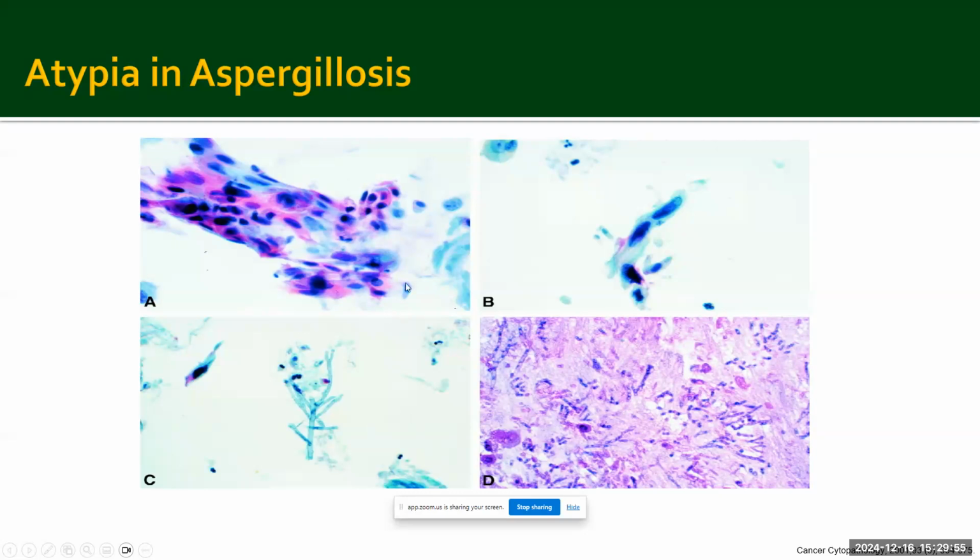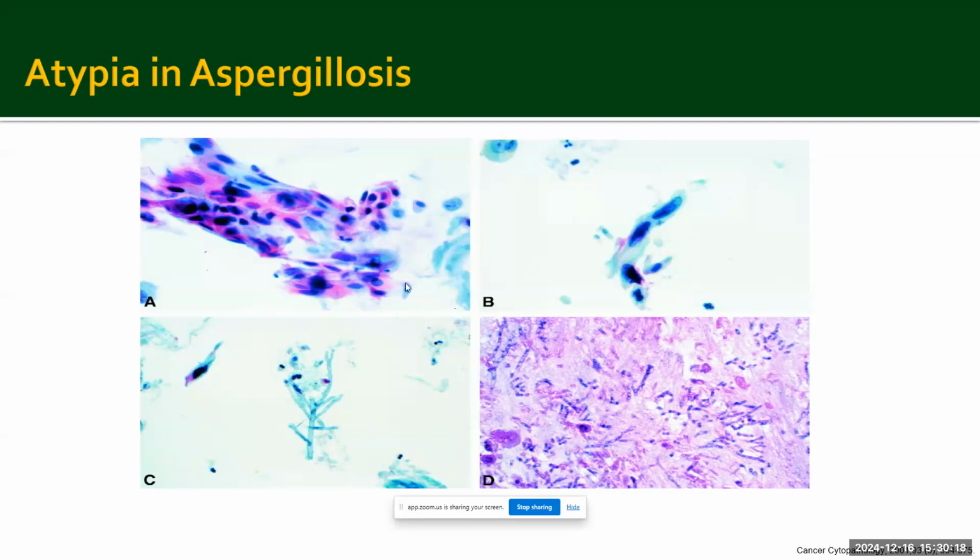In these cases, whenever I see aspergillus or necrosis or granulomata, I do mention rare clusters of atypical squamous cells are seen in the background, though a neoplastic process can coexist with infective process. Atypia has been reported in infective conditions like aspergillosis as well.